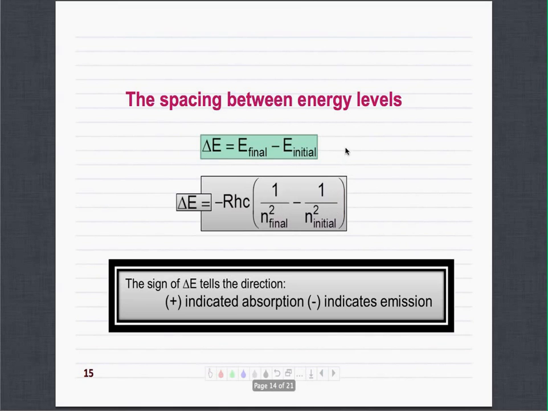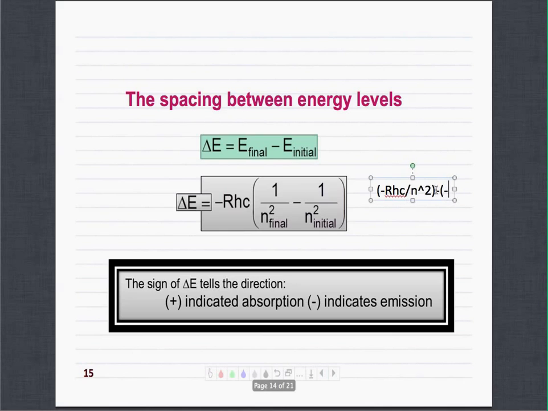And what does that mean? n final in this case equals 3, that means 1 over 3 squared. And the n initial is where the electron started transiting from, which is 1 in here. Now, after you calculate delta E, if delta E is positive, that means this is an absorption. If delta E is negative, that is an emission.